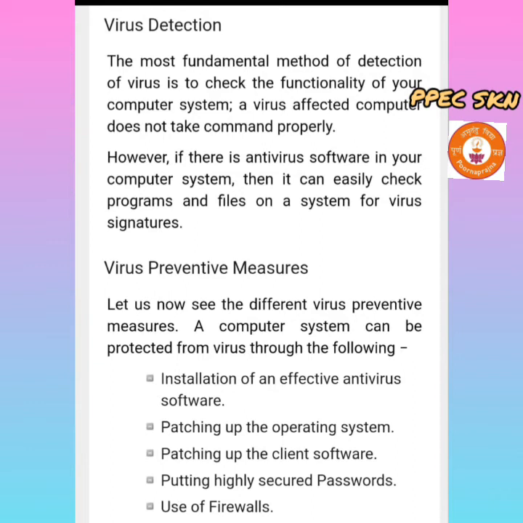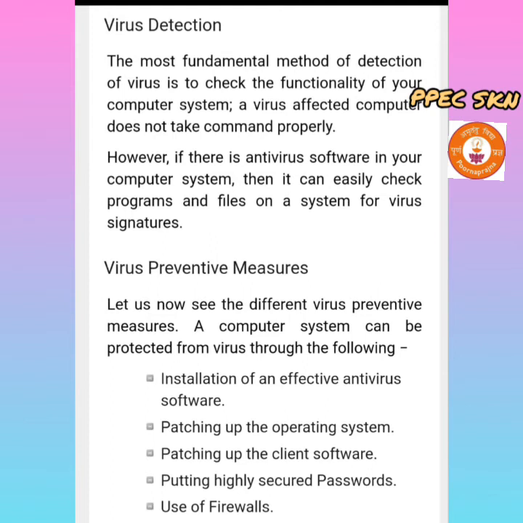Like that we can understand some virus has affected our computer. A virus-affected computer does not take commands properly. However, if there is antivirus software in your computer system, it can easily check programs and files on the system for virus signatures.